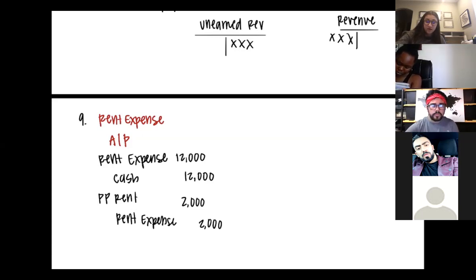No, they already expensed all of it by debiting the rent expense. So there's $10,000 remaining... I mean, now there's $2,000 remaining, and now they have to increase their assets because they've paid for 2 months of rent and they don't have that in their assets right now. Does that make sense? Mm-hmm.